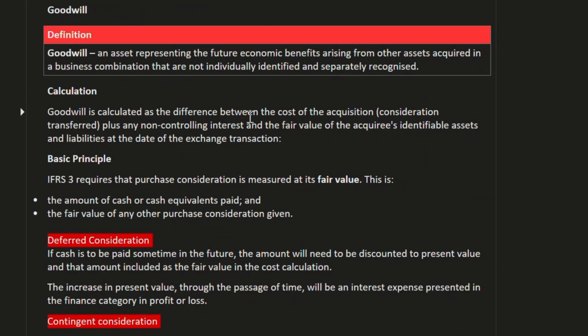Goodwill is calculated as the difference between the cost of acquisition, consideration transferred, plus non-controlling interest, and the fair value of the acquiree's identifiable assets and liabilities at the date of exchange. So net assets here have the same meaning. We have already seen that in working 3, how to calculate goodwill value. The same thing here in the theoretical form.